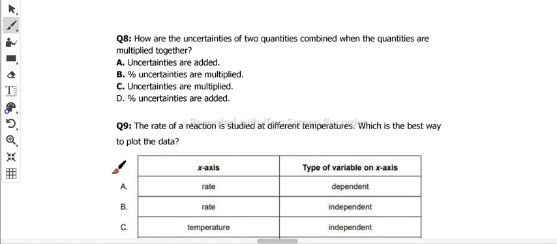How are the uncertainties of two quantities combined when the quantities are multiplied together? This is a rule. If we want to go through calculations related to multiplication, what we're going to do for the values, definitely we're going to take the percentages, and we need to remember that the percentages should be added together.